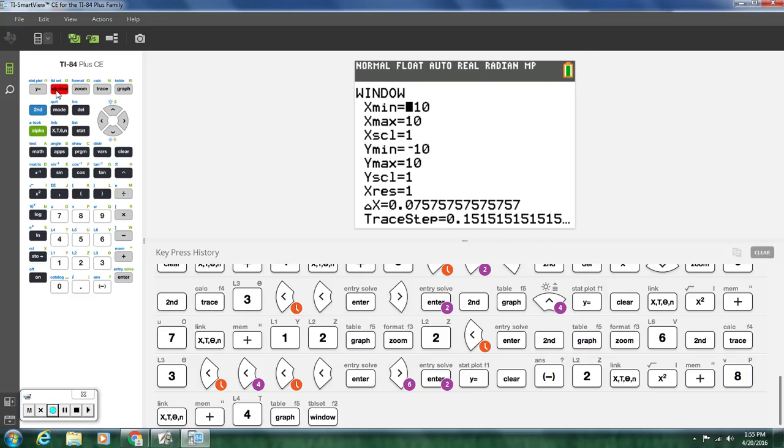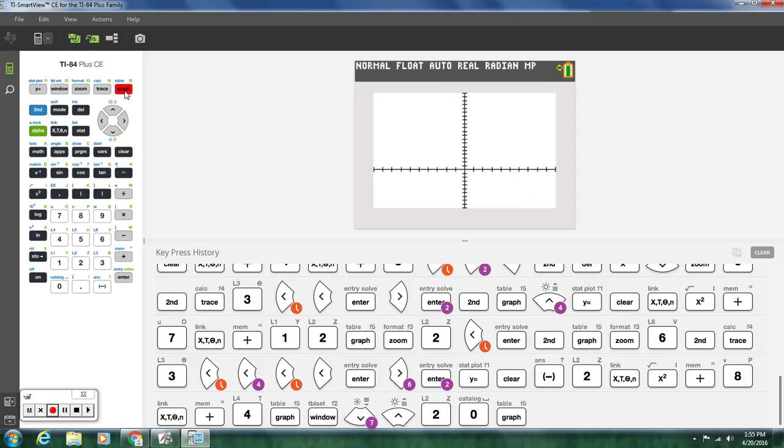I need to increase my what? The Y, which one? The Y maximum. I need to increase the Y maximum. It's at 10. I don't know really what I want. I'm just going to try 20 just to see. It doesn't matter. We just want to see the top of it. So we want to see the top work good because what do we need to calculate? The vertex.